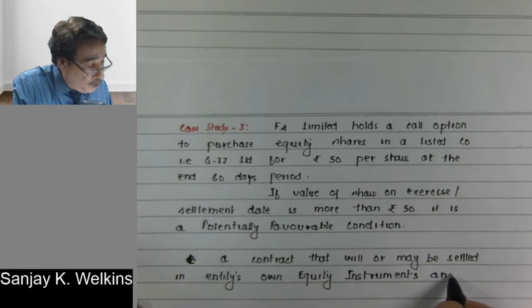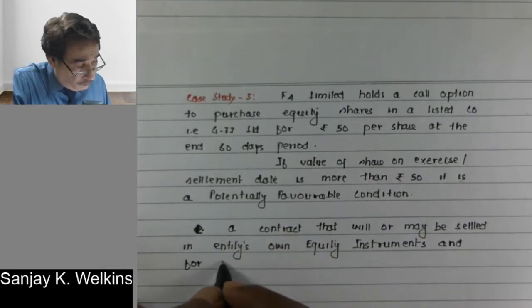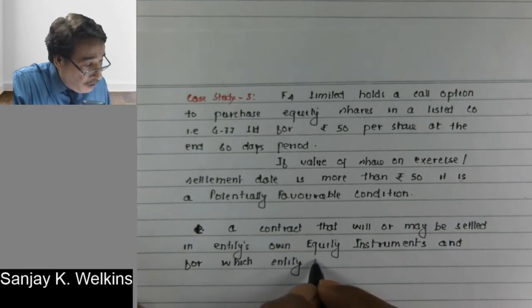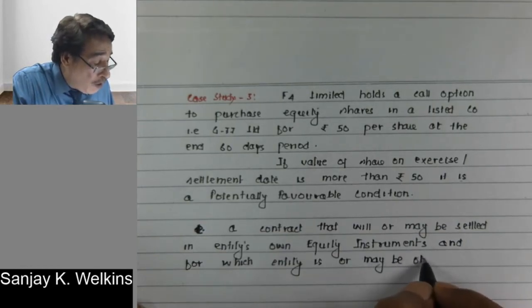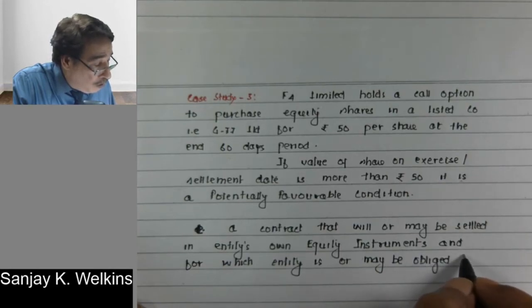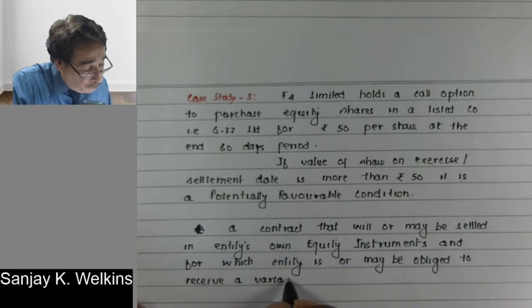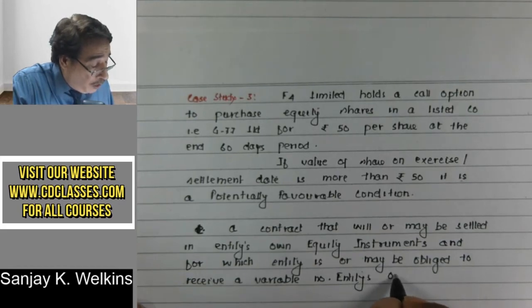A contract that will or may be settled in the entity's own equity instruments and for which the entity is or may be obliged to receive a variable number of the entity's own equity instruments.